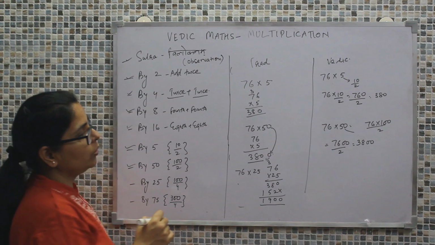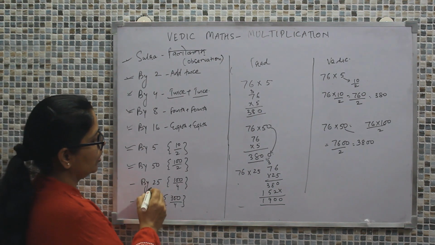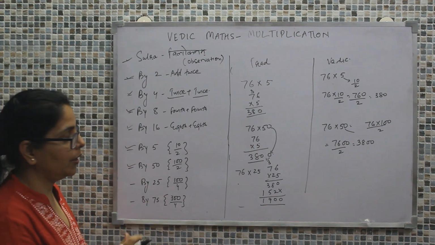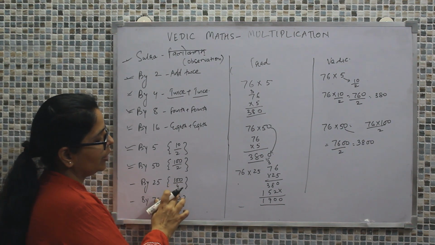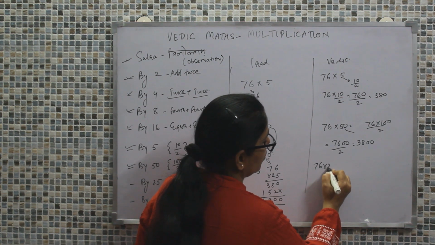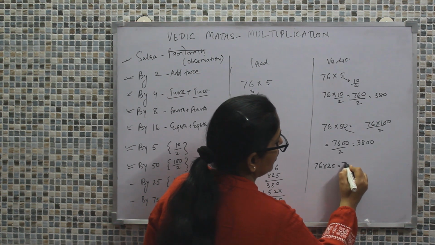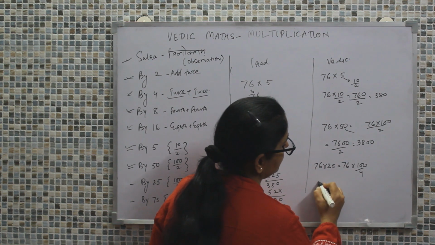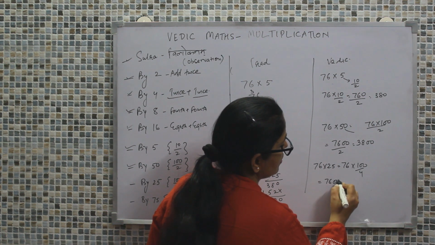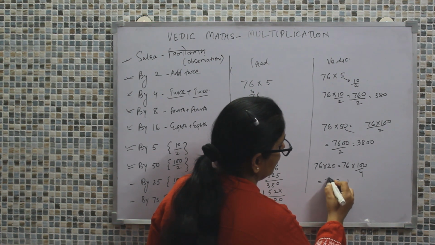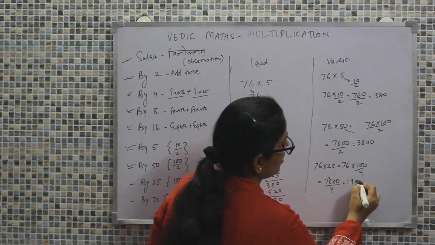Now when we talk about multiplication with Vedic, when we are multiplying by 25, it can be defined as multiply by 100 and divide by 4. So we have 76 into 25 can be written as 76 into 100 upon 4. So that is 7600 upon 4, and we have 1900.